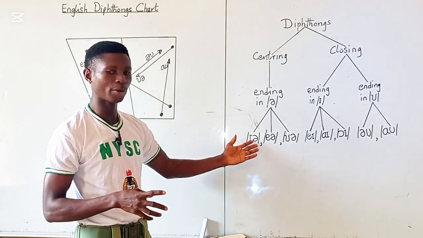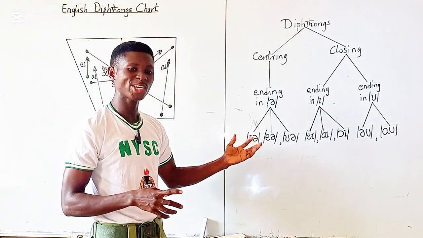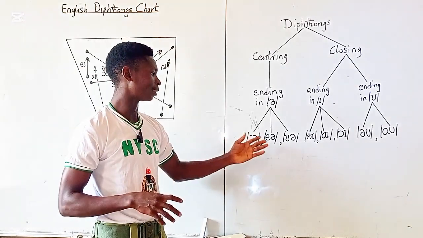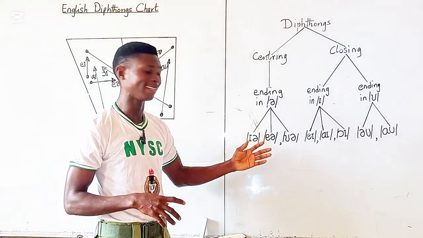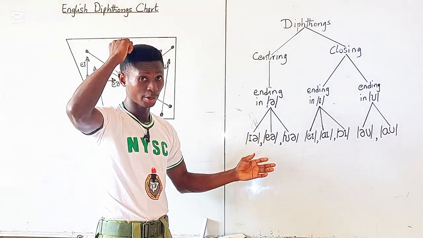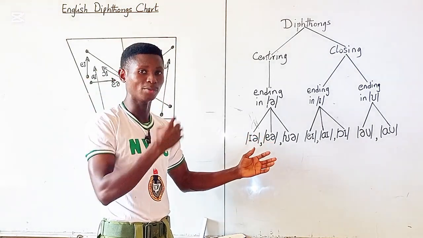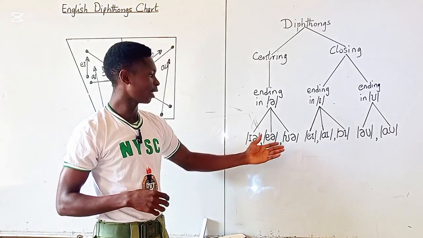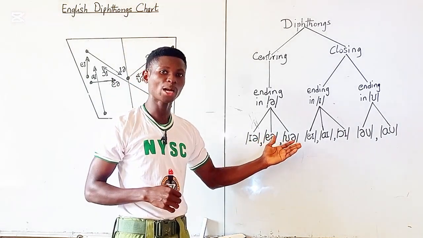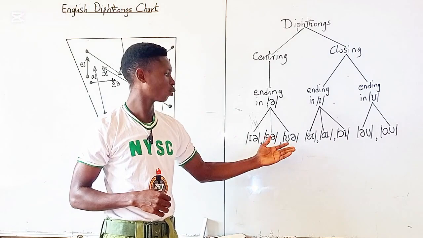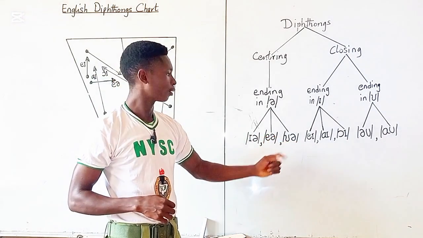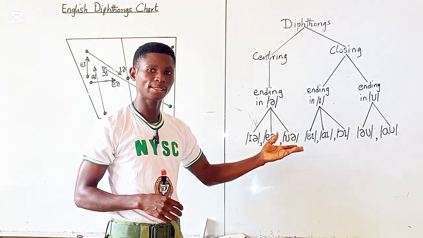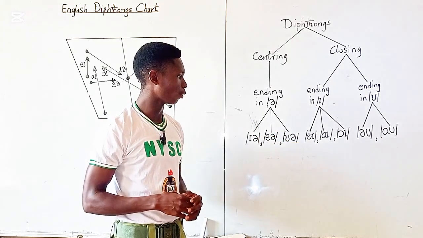So the sound ear can be seen in the word here, ear, and so on. Then the sound air can be seen in the word hair, the air you breathe, and many more. Then or can be seen in actual, poor. Then A can be seen in fate, late, say, and so on.